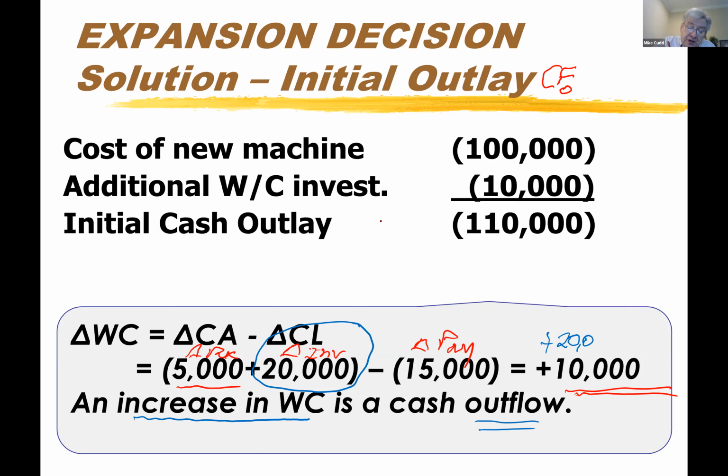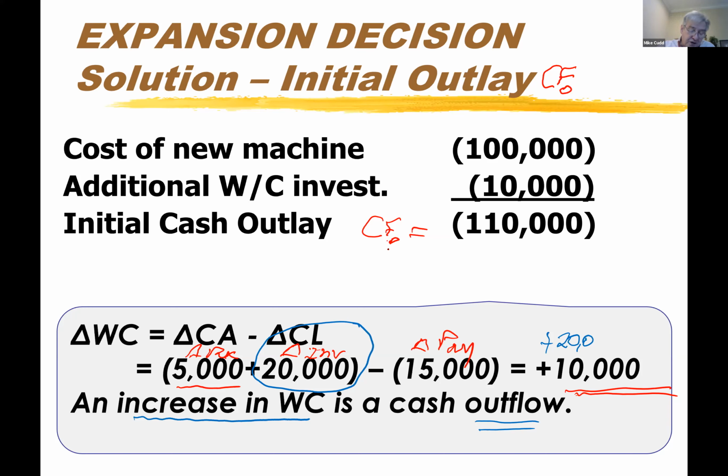And that would be our cash flow at time zero for this project. It's an ugly zero, isn't it? Ta-da, we're 1/3 done. We finished the first segment, the initial outlay segment.